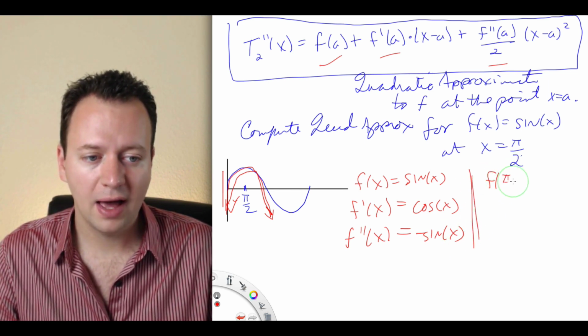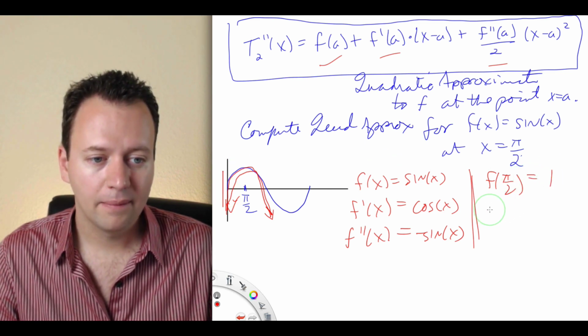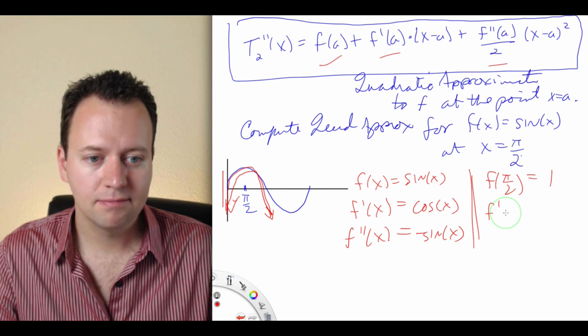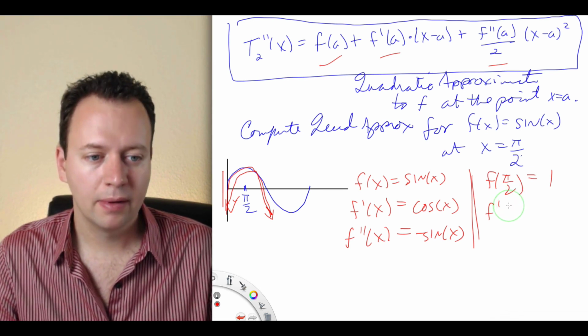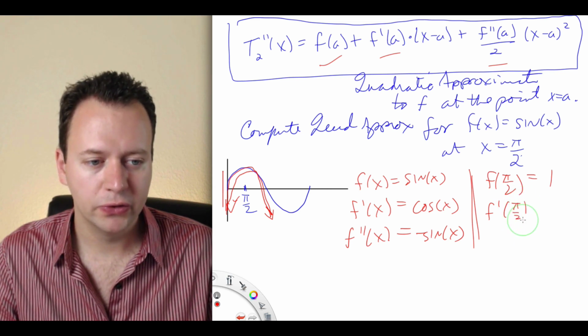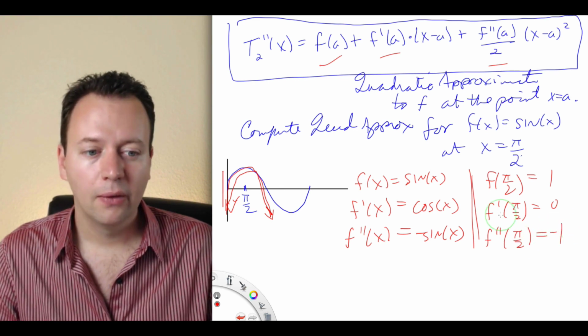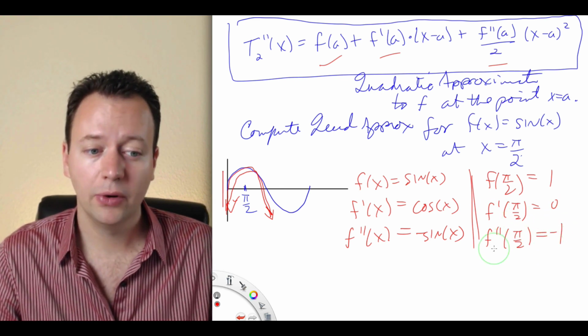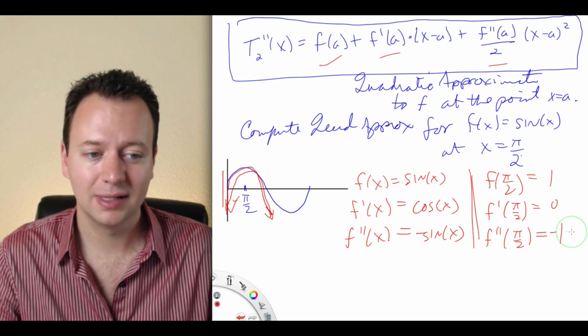Sine of pi over 2 is 1. F prime of pi over 2 is 0. And f double prime of pi over 2 is negative 1, because cosine of pi over 2 is 0, sine of pi over 2 is 1 again, but then we have negative sine of x, so it's negative 1.